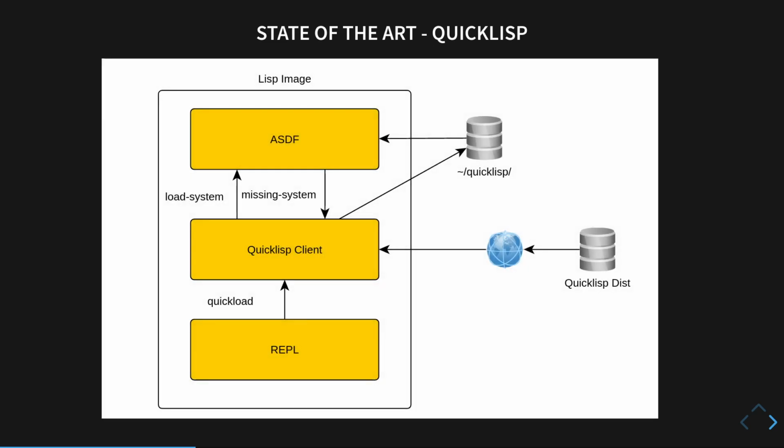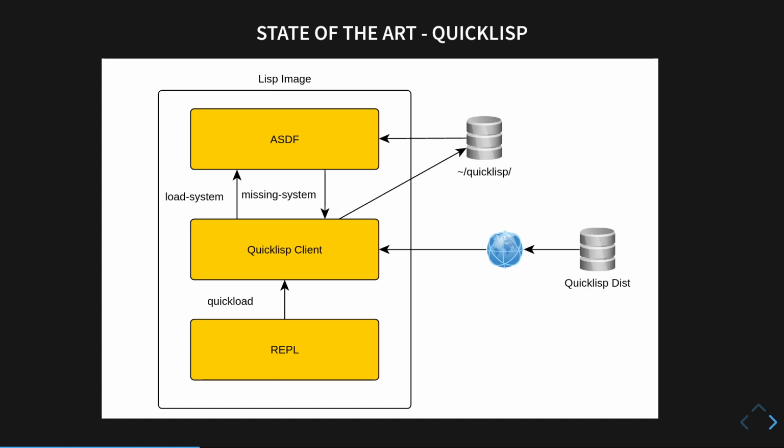Now let's look at the current state of the art and how it is architected. On the left, you'll see a developer's Lisp image. This image contains ASDF and the Quicklisp client. Typically, the developer interacts directly with Quicklisp by quickloading the system. When a system is quickloaded, it and its dependencies are resolved, installed if missing, and then the Quicklisp client uses ASDF to load them.